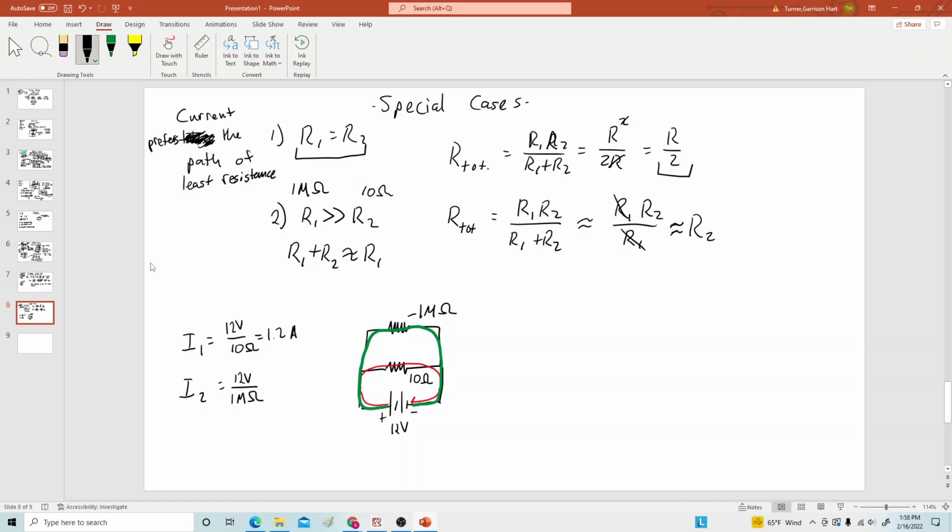And 12 divided by a million, if we punch this into our calculator, is going to be 1.2 times 10 to the negative fifth amps.